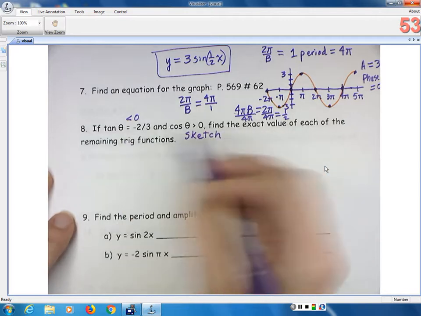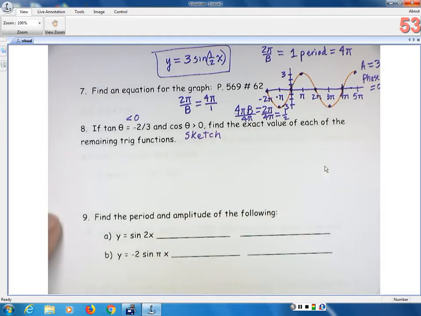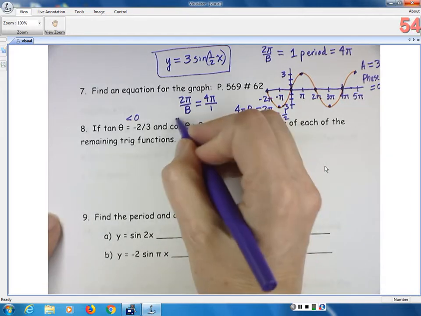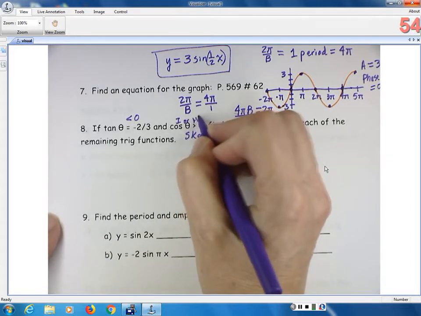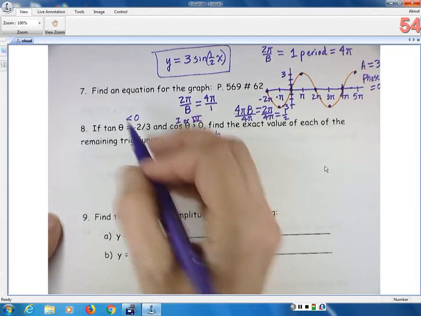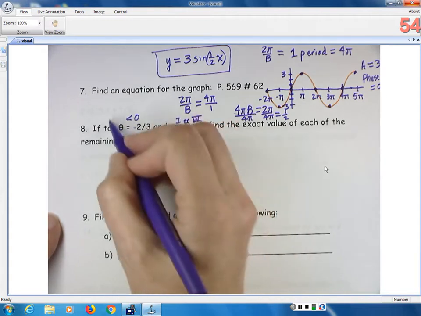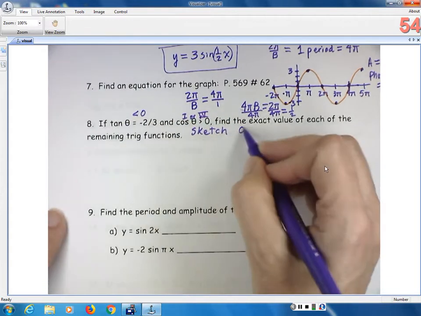What quadrant is it in? Cosine's greater than 0. That's going to be quadrant 1 or 4. Tangent is less than 0. That's quadrant 4 or 2, but it's going to be 4. So we're in quadrant 4.